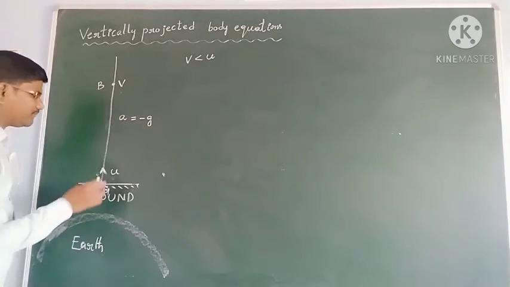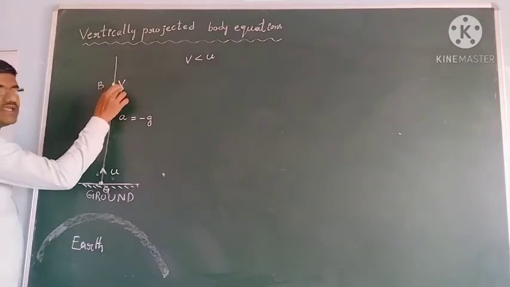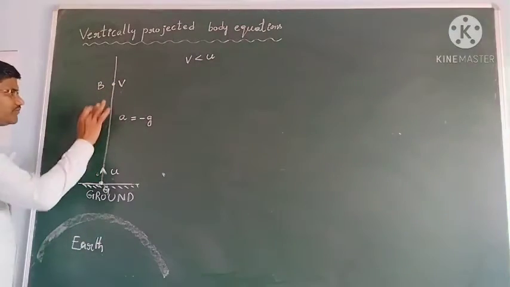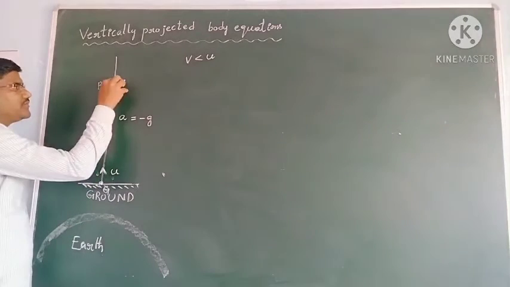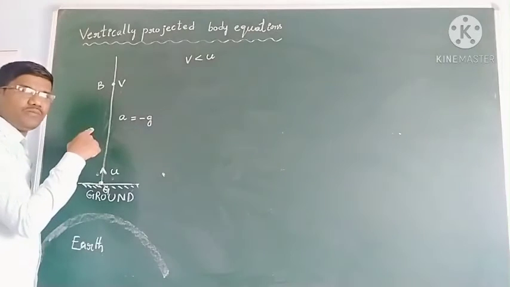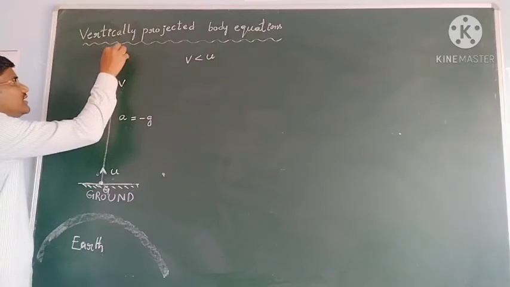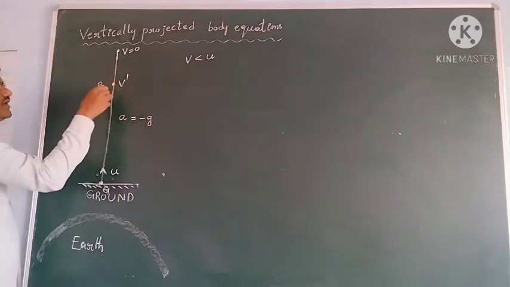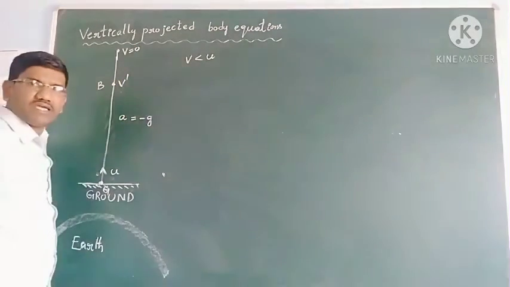Okay, students, its velocity is v at this B point, and it has reached some height. At this point its final velocity becomes 0, and at B point its velocity is v dash, I am taking.